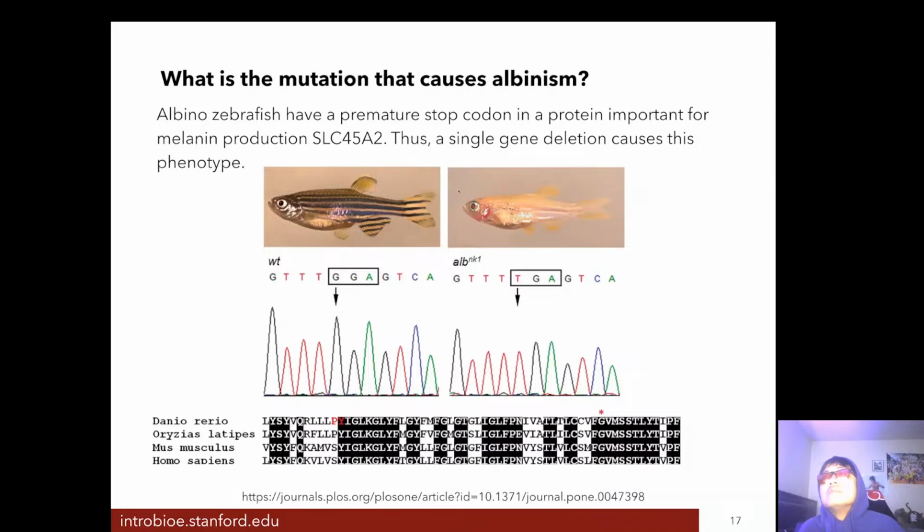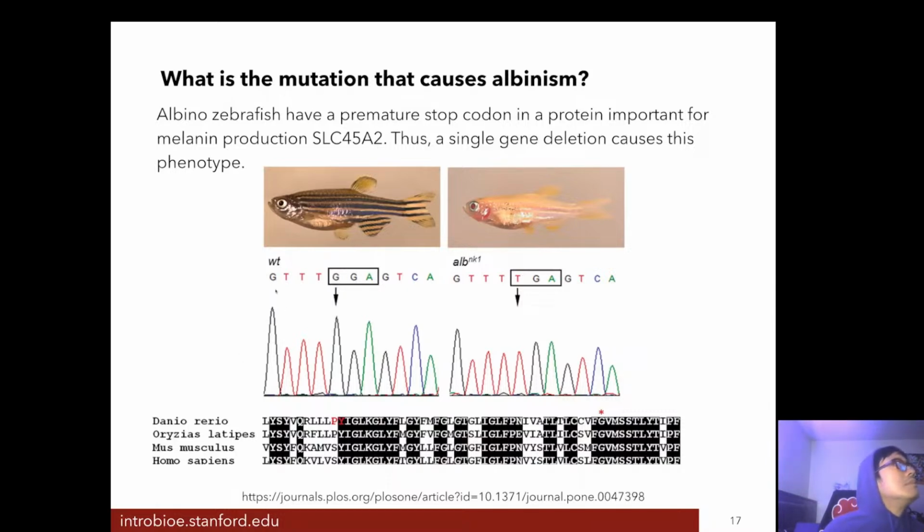And this albino zebrafish has a premature stop codon in a protein that's important for melanin production. That protein is called SLC45A2. My mouthful doesn't mean a lot, but this stop codon means that the gene is not expressed in these zebrafish, and a single gene deletion, the missing of one protein, is causing this pretty striking phenotype.